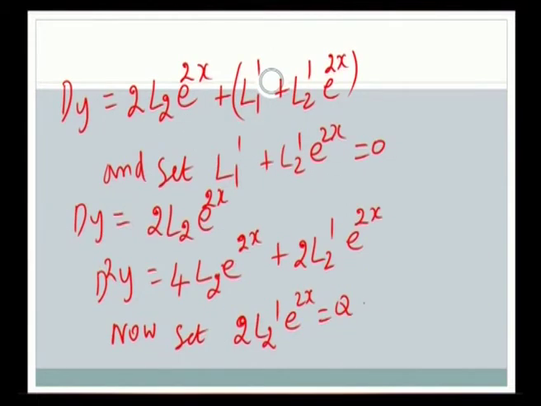So, 2 L2 prime e power 2x is equal to e power x sin x. Thus, L2 prime is equal to 1 by 2 e power minus x sin x.